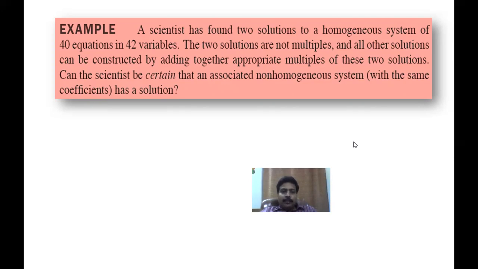Can the scientist be certain that an associated non-homogeneous system with the same coefficients has a solution? So this is a real life problem.